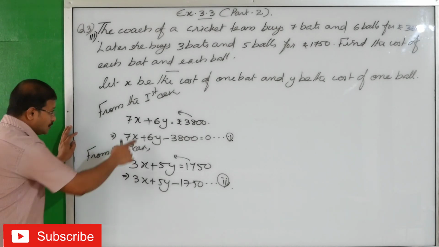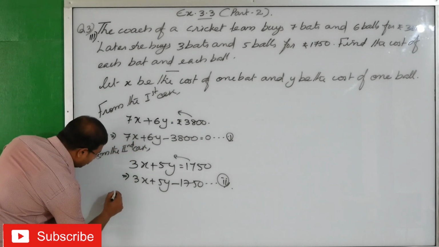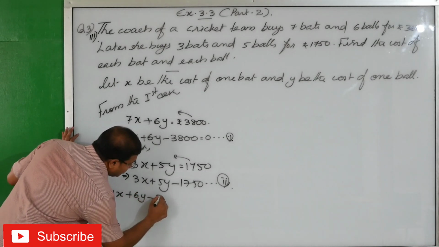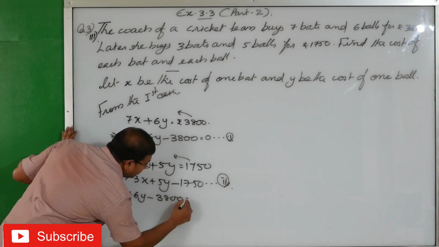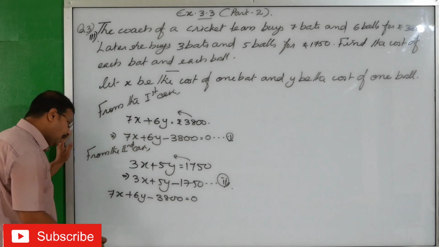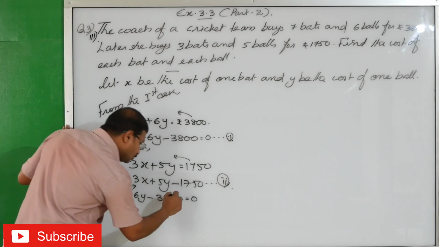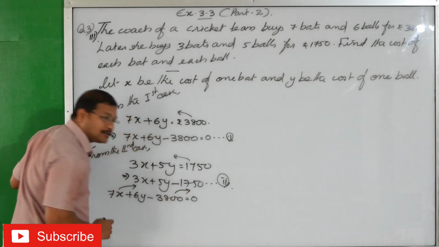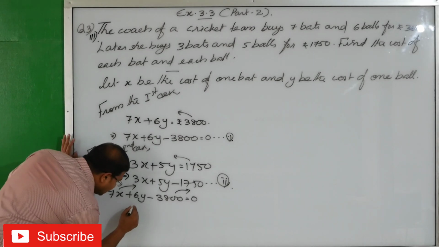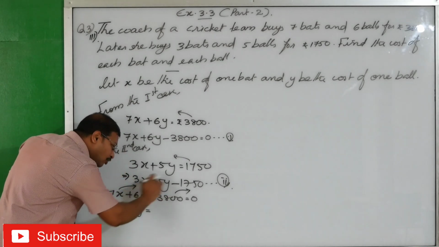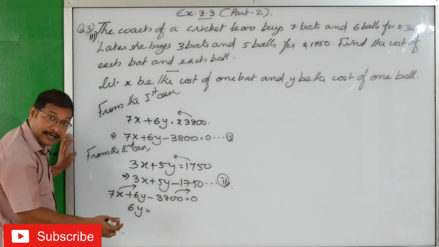From the first equation, we will take the value of x or y, that's up to you. Ready? So we will take the first equation one more time, that is 7x plus 6y minus 3,800 equals 0. Now, I am carrying 7x and 3,800 to the other side. Ready? That means 6y equals 3,800 goes next side. It's minus, goes next side, plus.